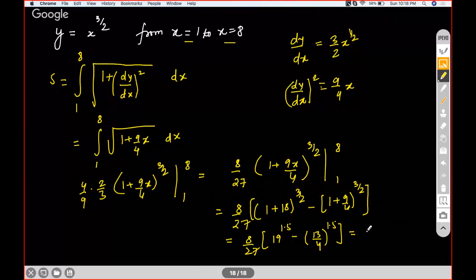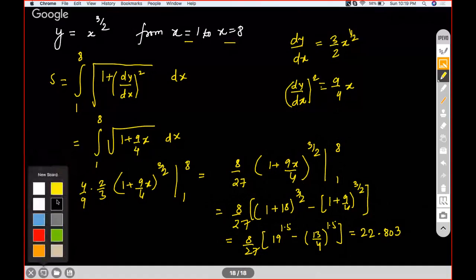Do you have a calculator? You can calculate it. 2.268. No, sorry. They say it's 22.803. Anyways, the idea is clear, right? How it works. Okay.